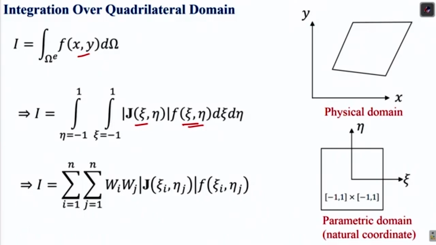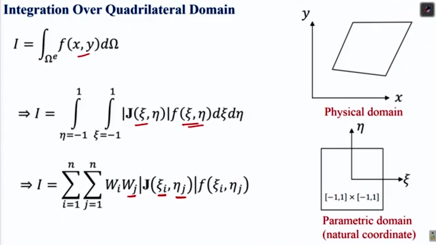And wi is associated with the xi coordinate, and wj is associated with the eta j coordinate. Now if we do one example, probably this will be more clear.